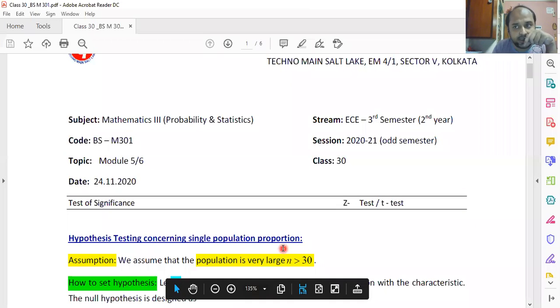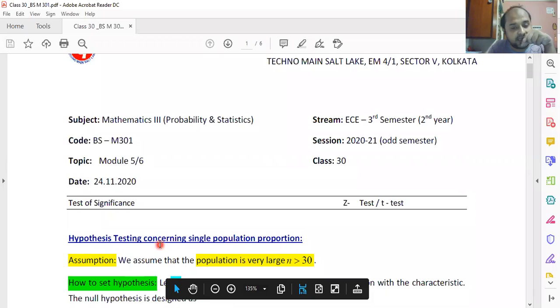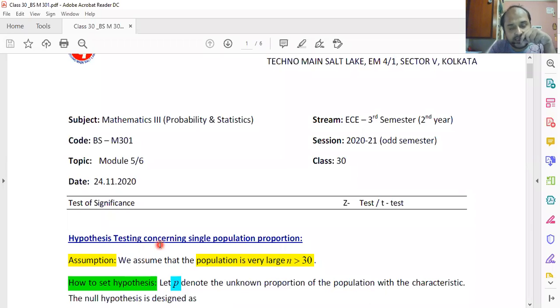My today's situation, based upon which I am going to test the significance level of the hypothesis, is about testing the population proportion, or you say some kind of percentage which is given on the population you are studying.